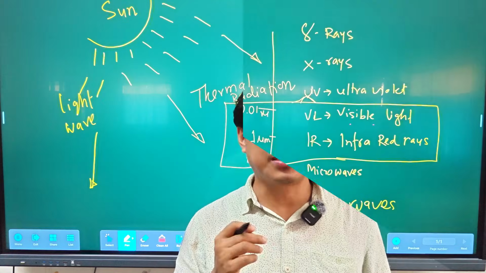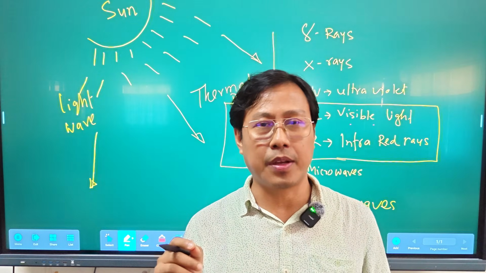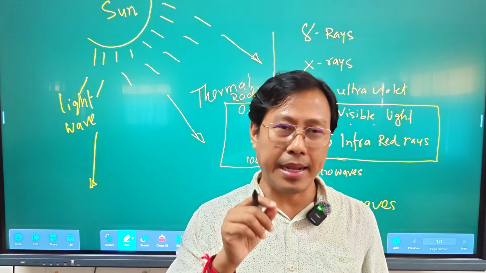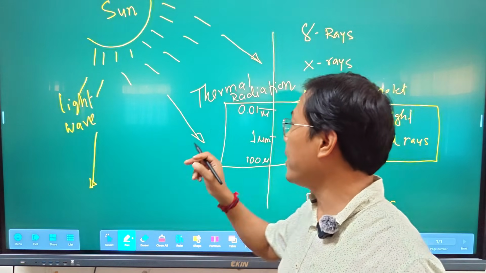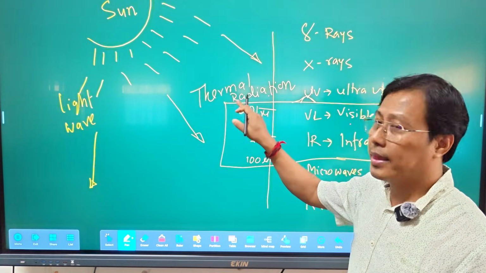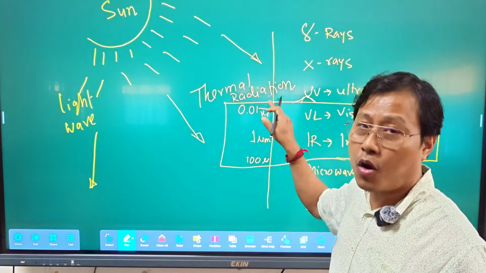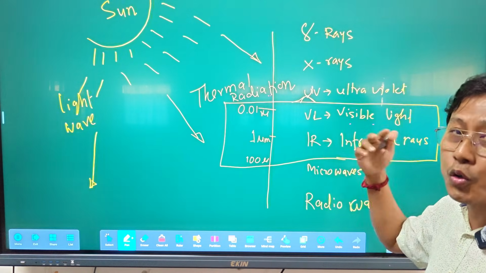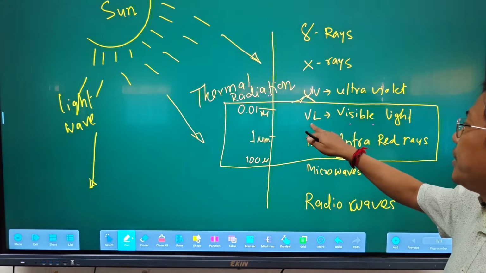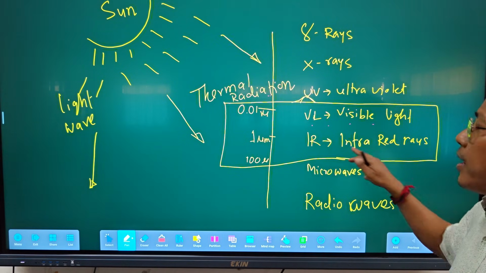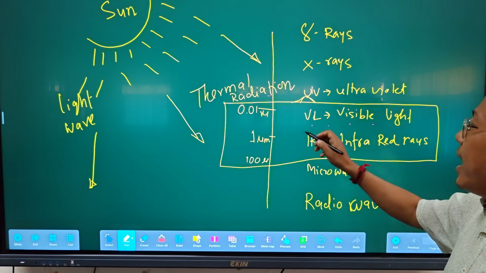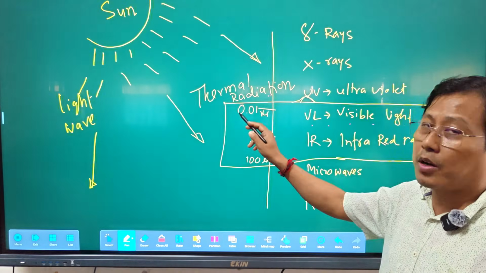The topic of today's class is radiation heat transfer. This radiation heat transfer is nothing but thermal radiation, and this thermal radiation is caused mainly by two waves, visible light and the infrared, which have their particular wavelength.